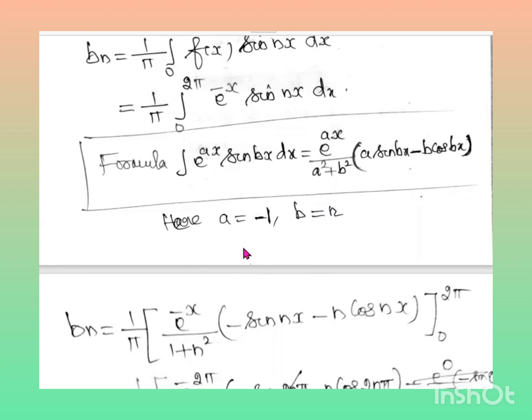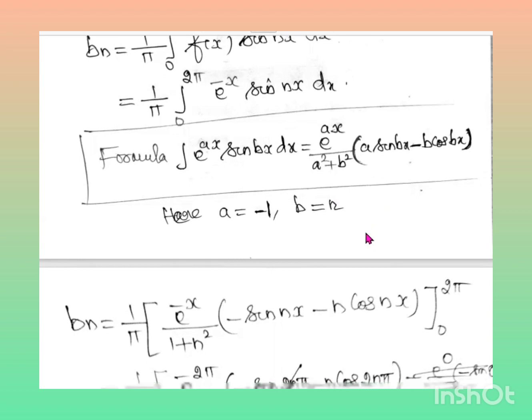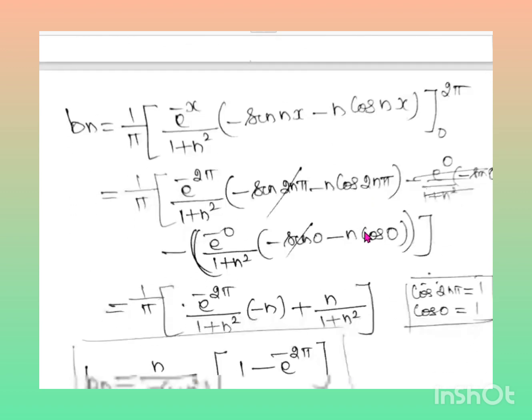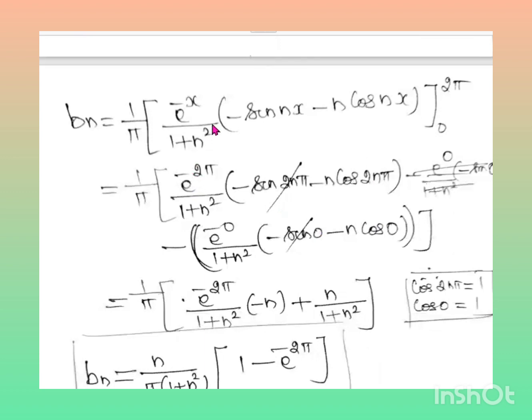Here a = −1, b = n. Substituting, bn = (1/π) e^(-x) divided by (1 + n²) into (−sin nx − n cos nx), limit is 0 to 2π.